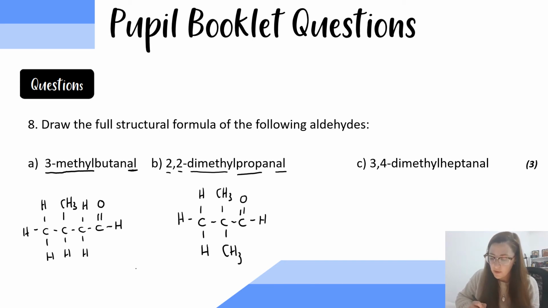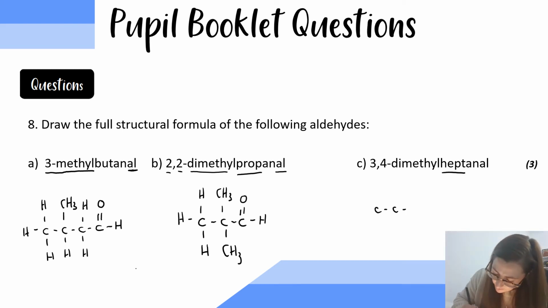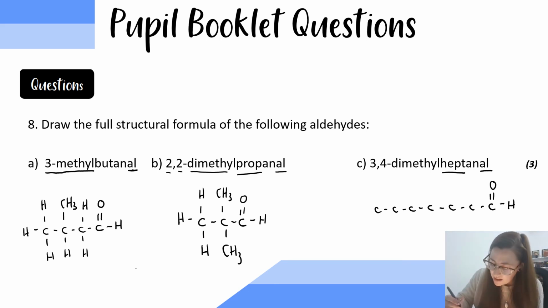And my last molecule is 3,4-dimethylheptanal. Hept meaning 7. 1, 2, 3, 4, 5, 6, 7. Al is an aldehyde, so the double bond O goes at the end of the molecule. 3,4-dimethyl, I'm counting from the side that has the carbonyl group because that is the most important functional group in the molecule.